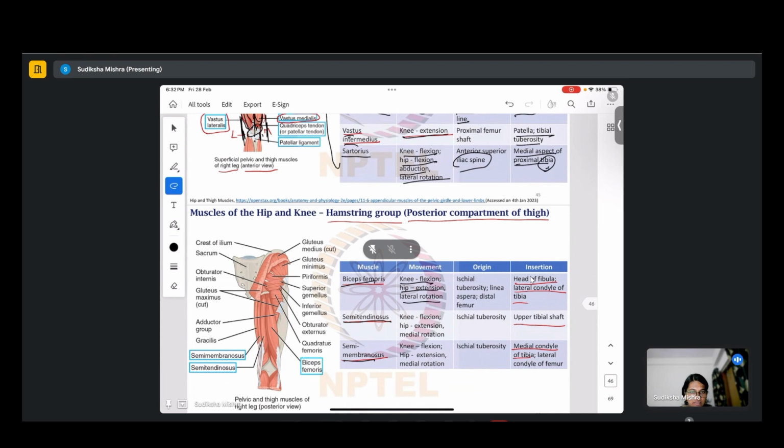It originates in the ischial tuberosity, linea aspera, and distal femur, and it inserts into the head of fibula and lateral condyle of tibia. So two different origins, two insertion points. And you can see it here, this muscle.